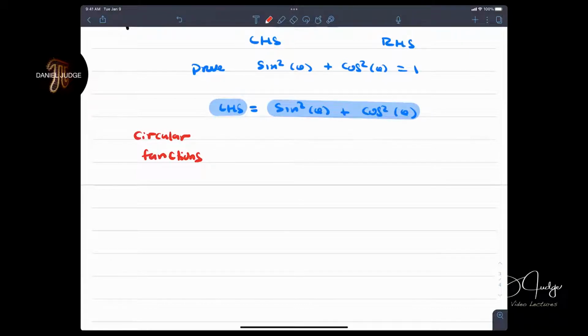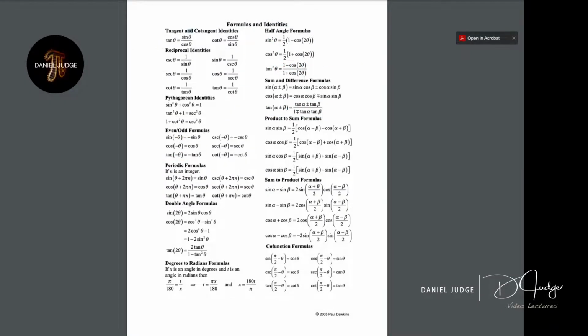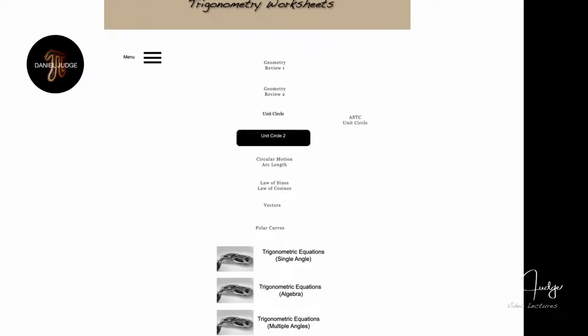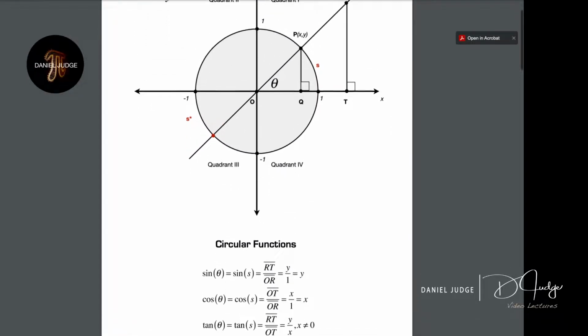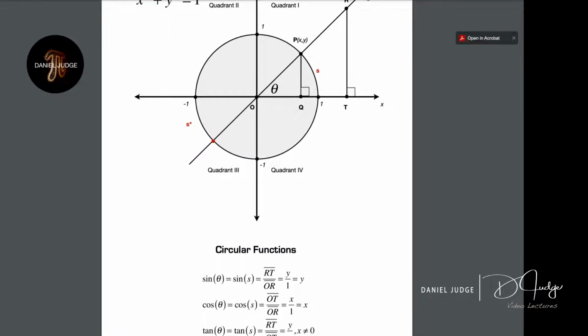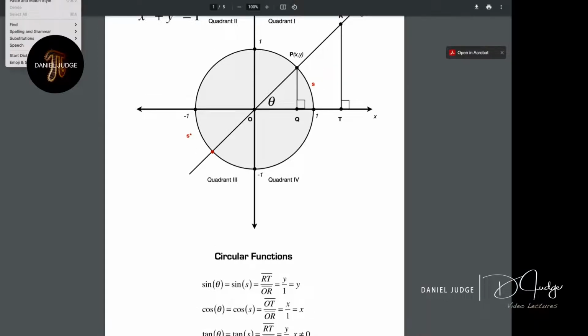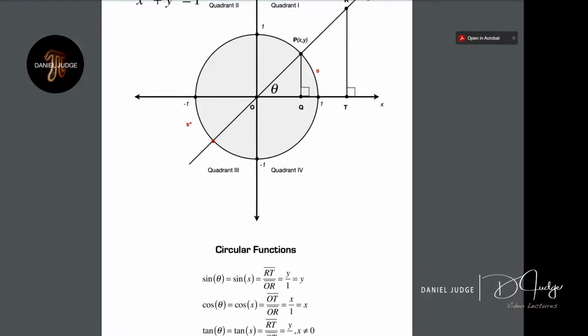Right? And maybe if I said, go back to the browser, and if you go to the worksheets, and circular functions, I think this is the first one. Let's double check. This is what I'm talking about. This was the circular function worksheet from the beginning. So if you said, what are you talking about, circular functions? I don't remember. Here you guys go. Here's your circular functions. There it is.